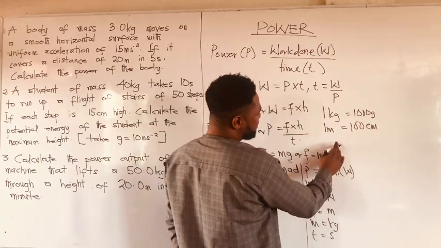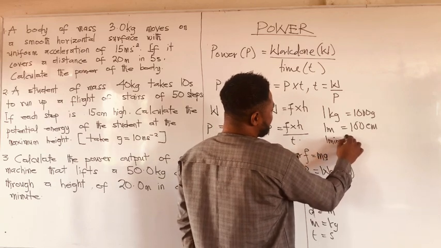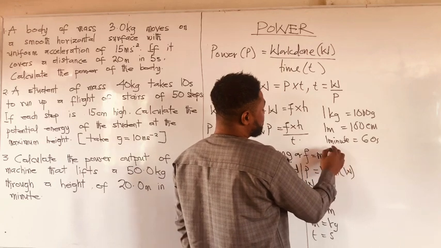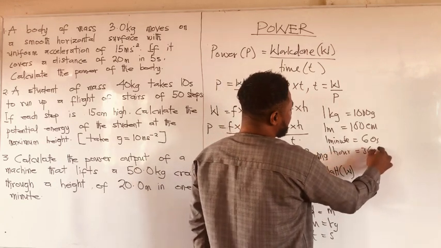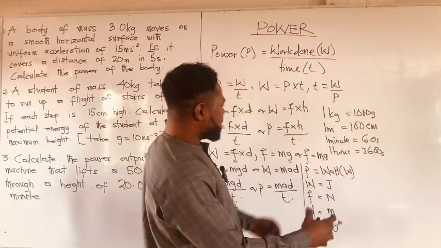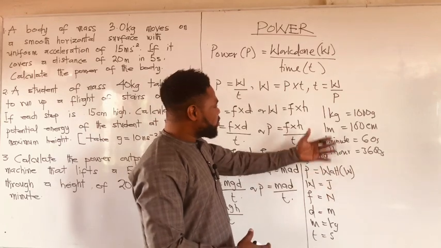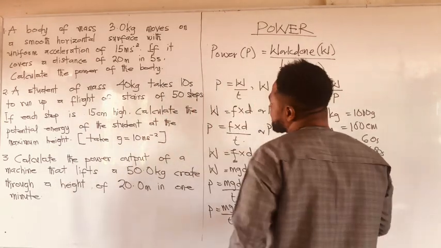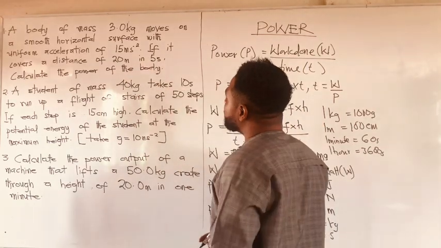And our time, 1 minute is equal to 60 seconds. And also 1 hour is equal to 3,600 seconds. So these are some units that we can use to change our quantities when we need to use any of them. All right, let us see how we can apply this formula to solve our question 1.